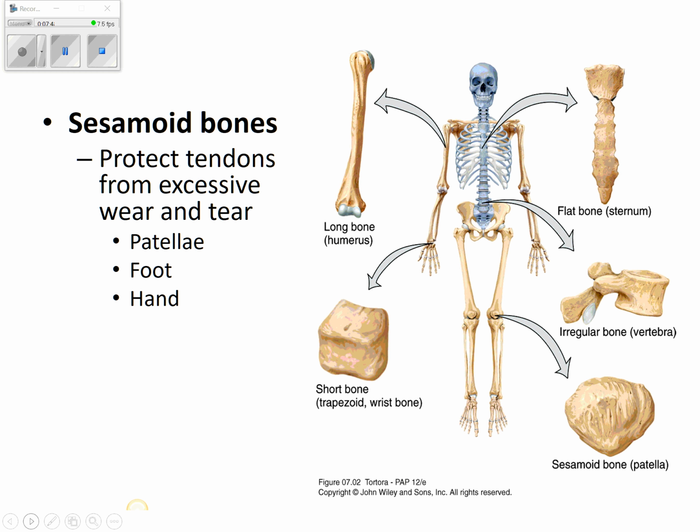Your sesamoid bones protect tendons from excessive wear and tear. A sesamoid bone is a bone that's embedded in a tendon or a muscle.